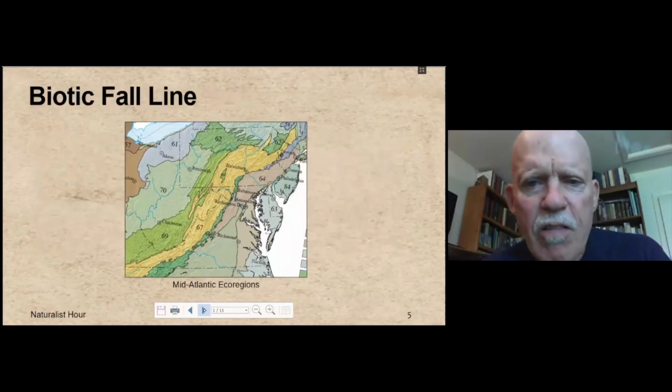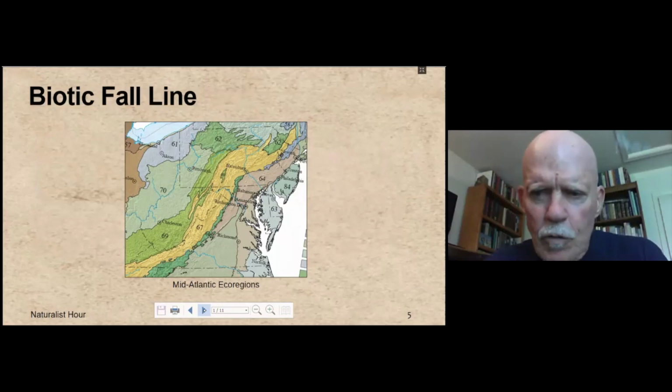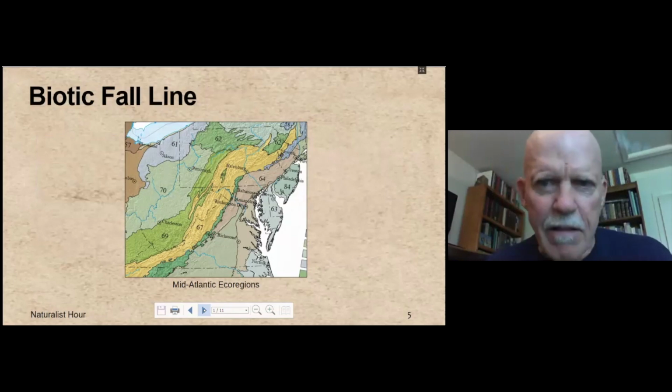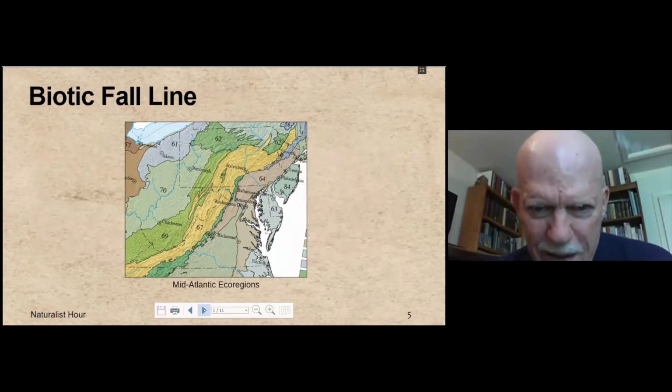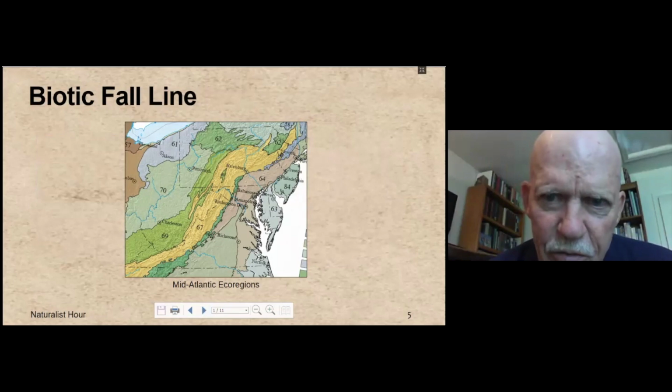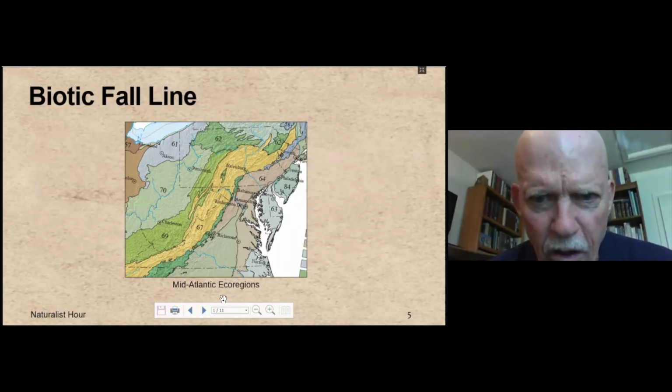Now, there is another fall line, in a sense, and that is a biotic one. This is a map of the EPA regions, what they call ecoregions, level 3 for our area. And you'll notice that from New York to Trenton to Philadelphia to Baltimore to Washington to Richmond and on down to Raleigh, there is a boundary.